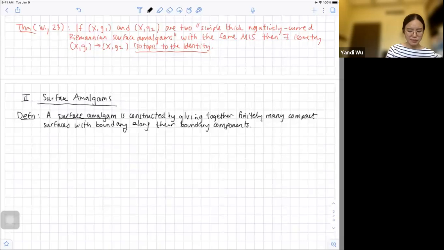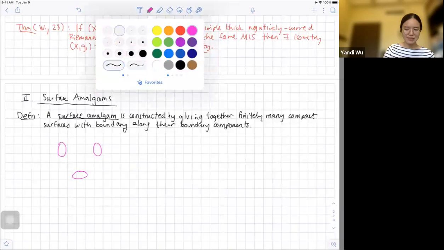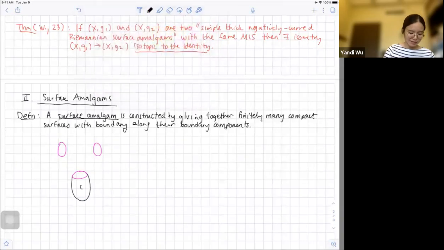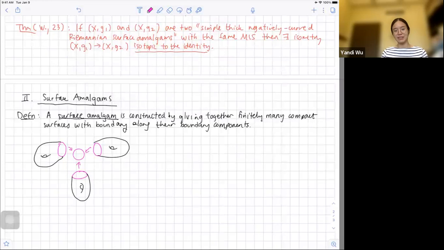So to help you visualize this, I can draw an example. I'm going to draw a graph of spaces decomposition. I'm going to draw 3 tori with a boundary component, and all the boundary components are going to be identified.